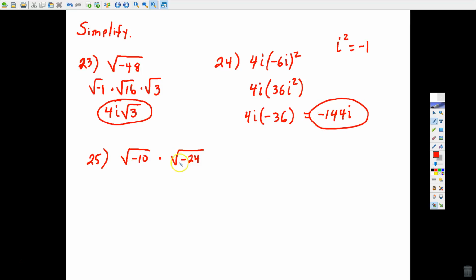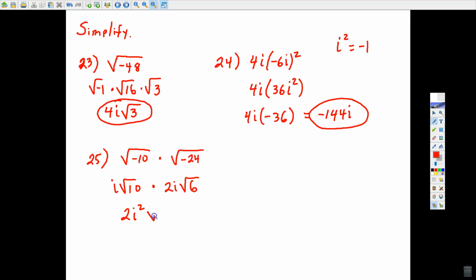Okay, before you can multiply radicals together, they have to be real numbers, and neither one of these are real numbers, so I need to simplify them first. i times the square root of 10, and simplifying this one, I'm going to get 2i times the square root of 6. I multiply the non-radical parts together, I get 2i squared.